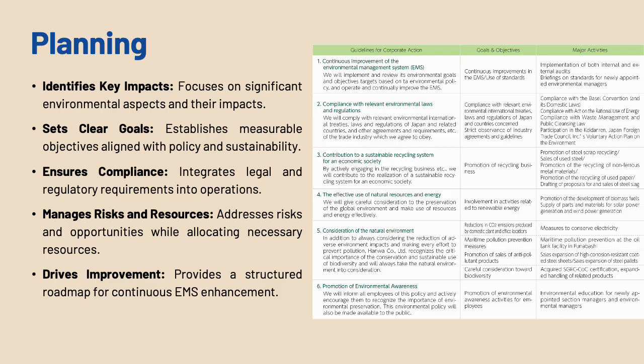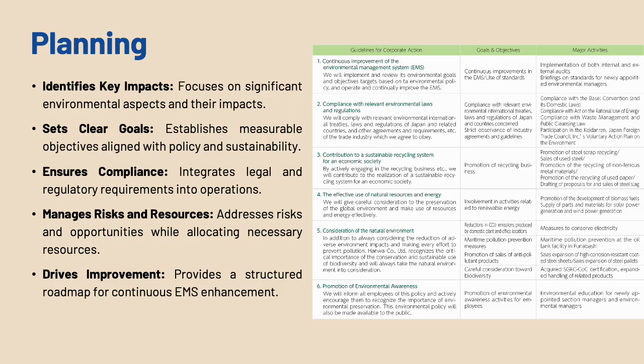The corporate action here focuses on making natural resources and energy use more effective. The goal is ambitious yet specific, which is increasing involvement in renewable energy activities. Notice how this directly supports environmental sustainability and ties back to the company's policy and commitment.